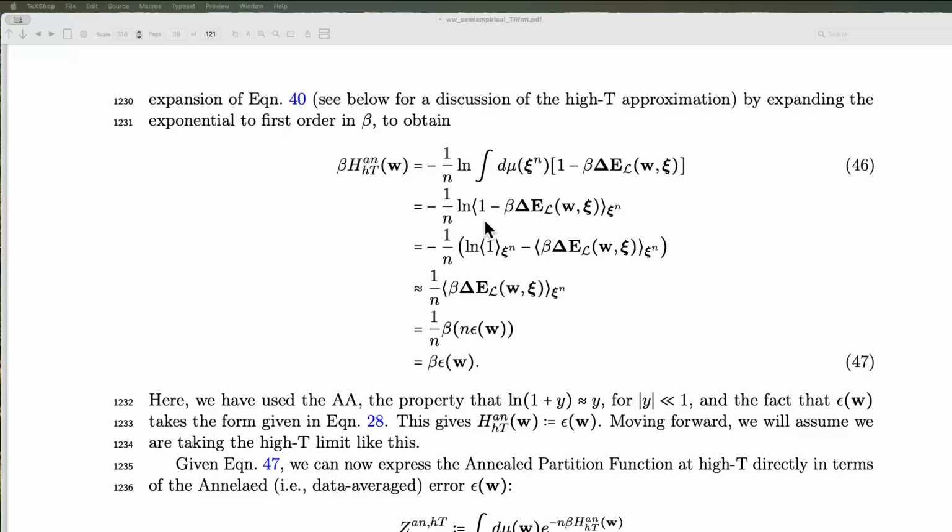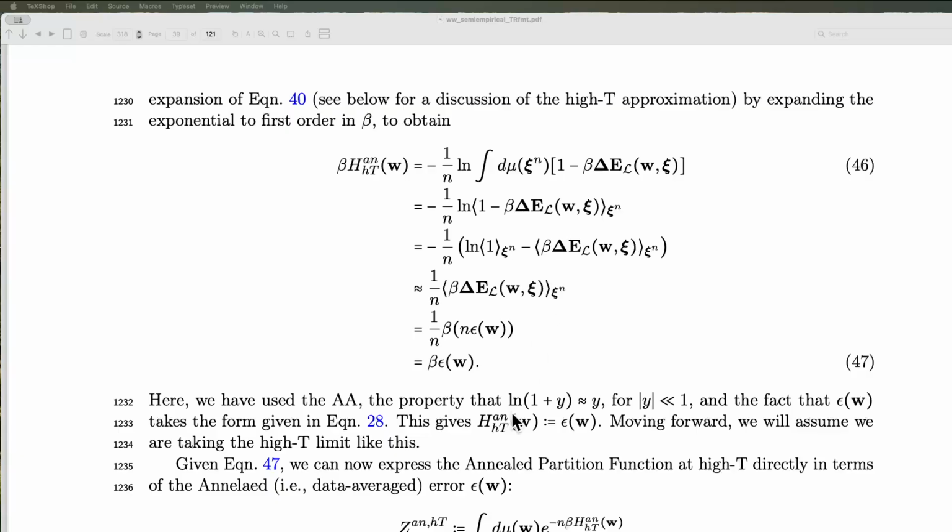You take this one, you get this 1 minus, and I was just thinking that we separate that out, and you should be able to reduce equation 46 to 47. I'm just having a brain freeze here to make sure that this is right. Give me a second. I'm going to stop there.